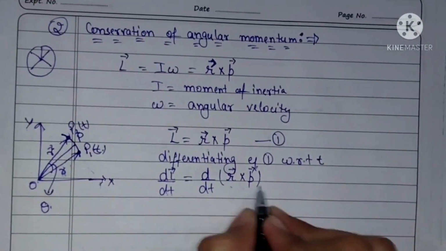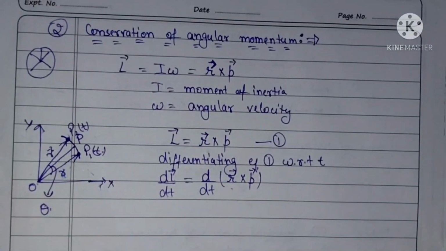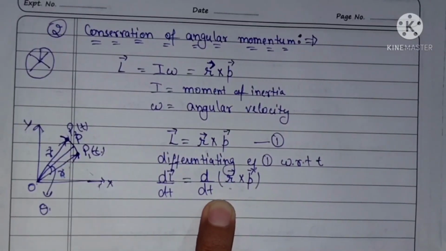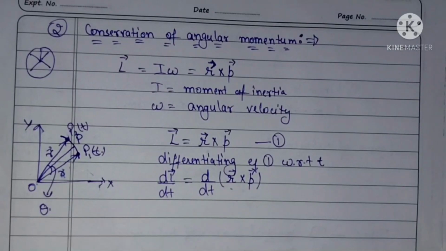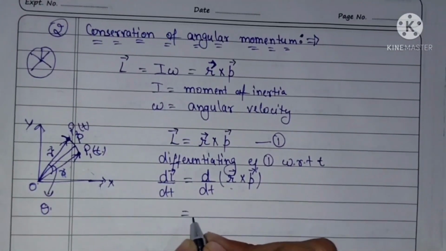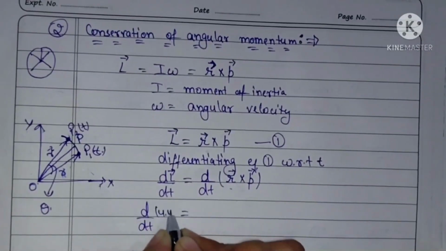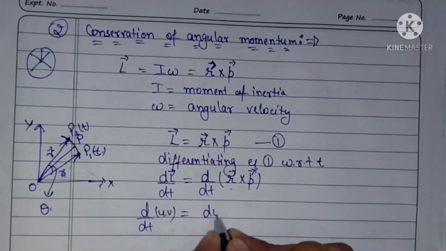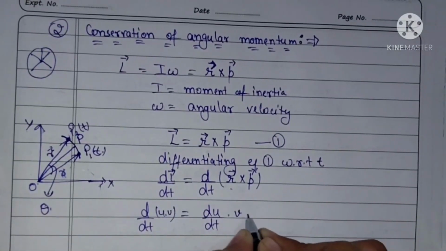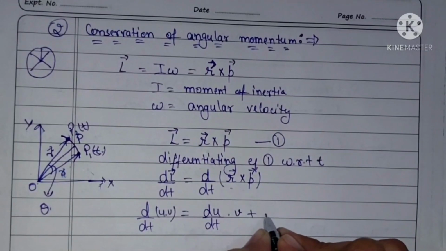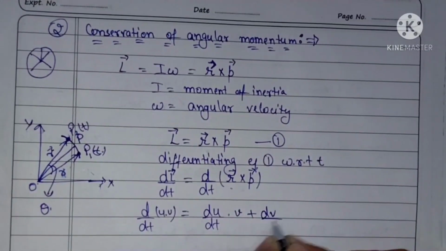That is a cross product, so we have to differentiate one by one, applying the product rule for the differentiation. Here, applying the product rule, d/dt of uv is equal to du/dt dot v plus dv/dt dot u.